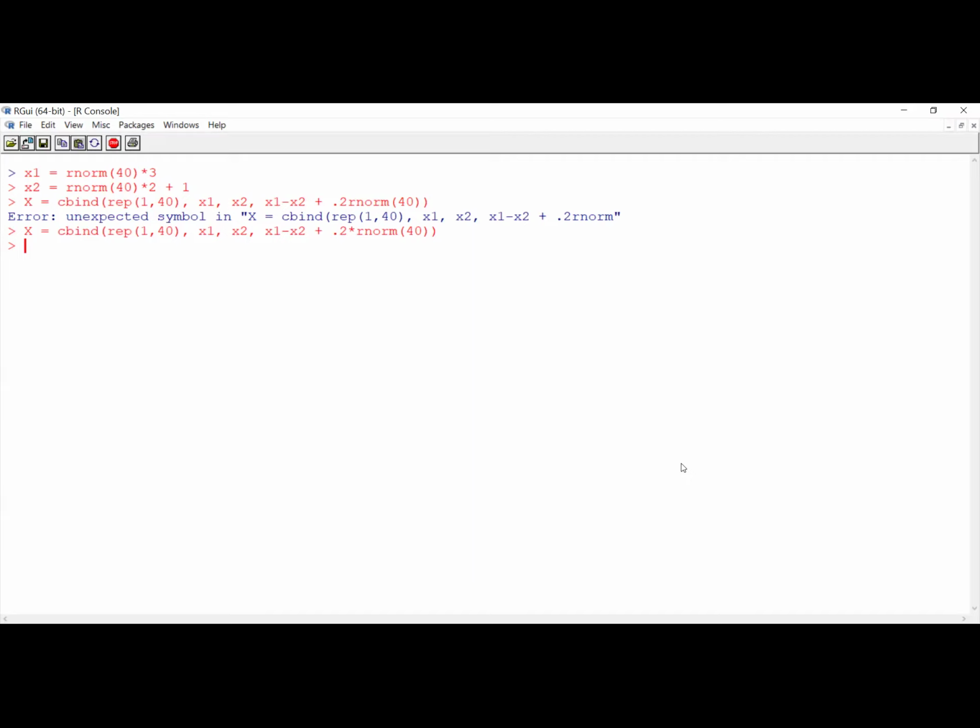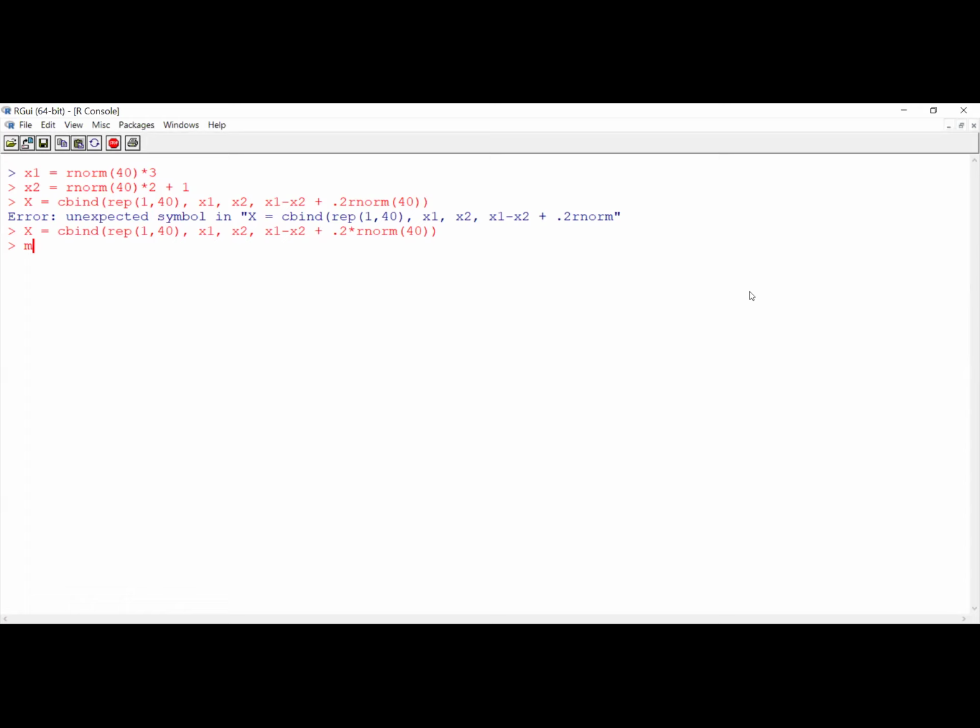Okay, so let's look at the eigenvalues of X prime X. Let me look at my notes here. First we want to look at the eigenvalues of X prime X, so let's look at this matrix.